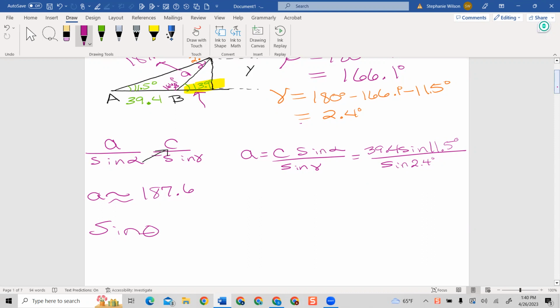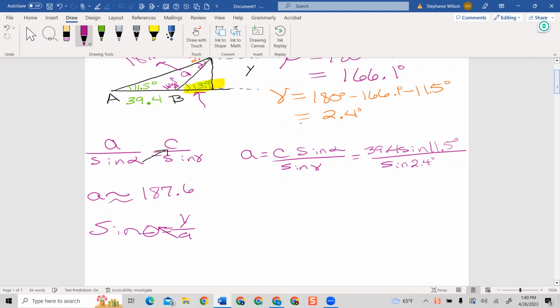I'm calling it gamma for now, but you can call it beta, the other side. Just be careful with the notation, because if I wrote beta here, it might be confusing since we have beta on the other side of the triangle. So it's sine of the angle equals y over A.